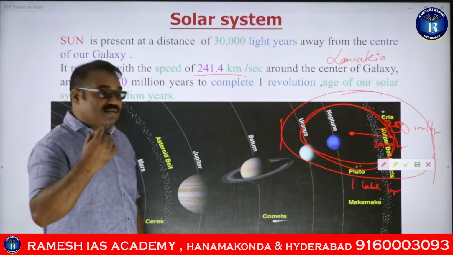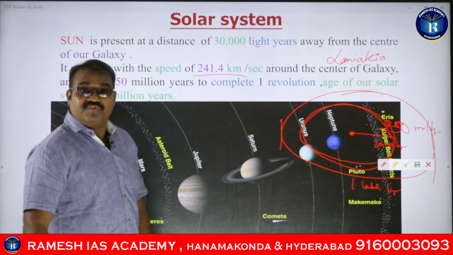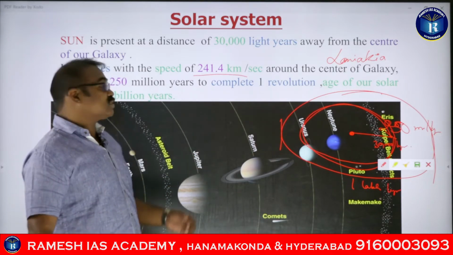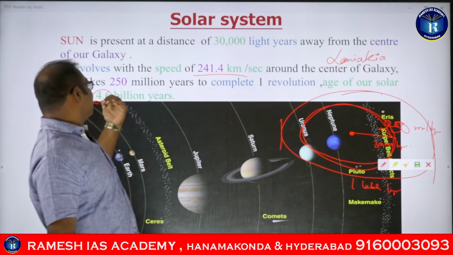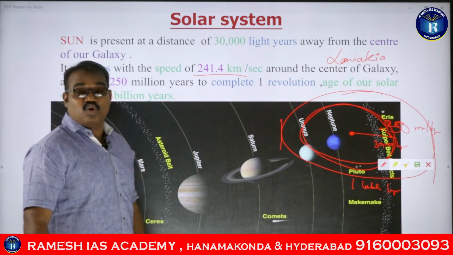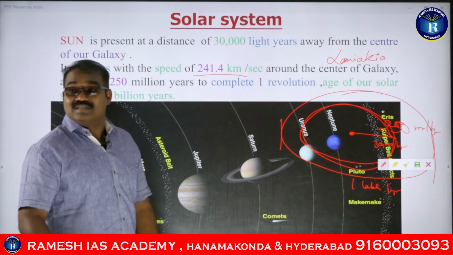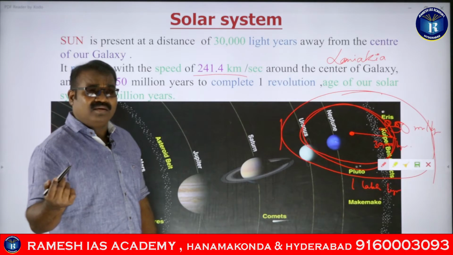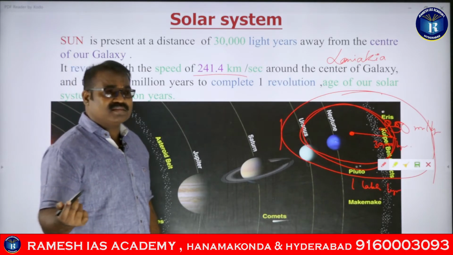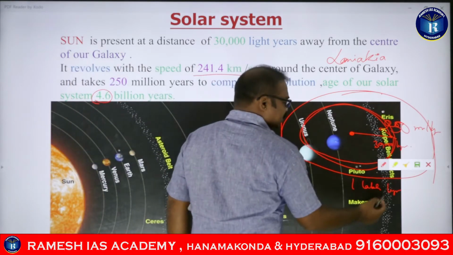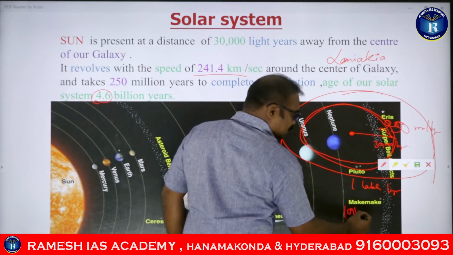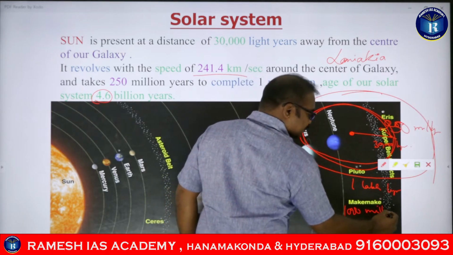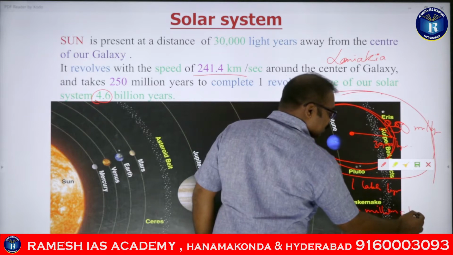So to complete one circle, the sun takes 250 million years, and the solar system's age is 4.6 billion years. How many revolutions has the sun completed till now, guys? 1 billion is equal to how many millions? 1000 millions equal 1 billion.